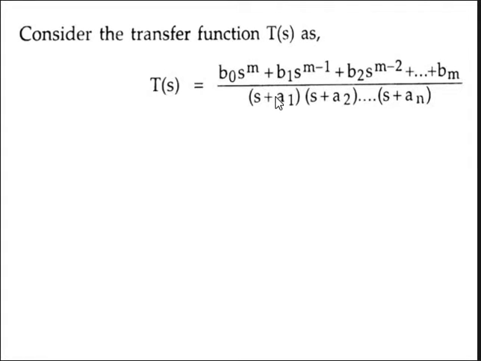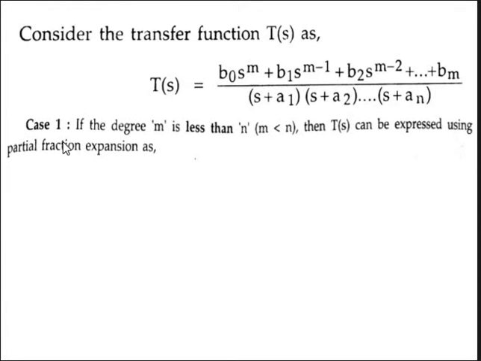Here m is the highest s power in the numerator, and n is the highest s power in the denominator. Case 1 is considered as m less than n, where the numerator's highest s power is less than the denominator's highest s power. Then we can follow case 1.